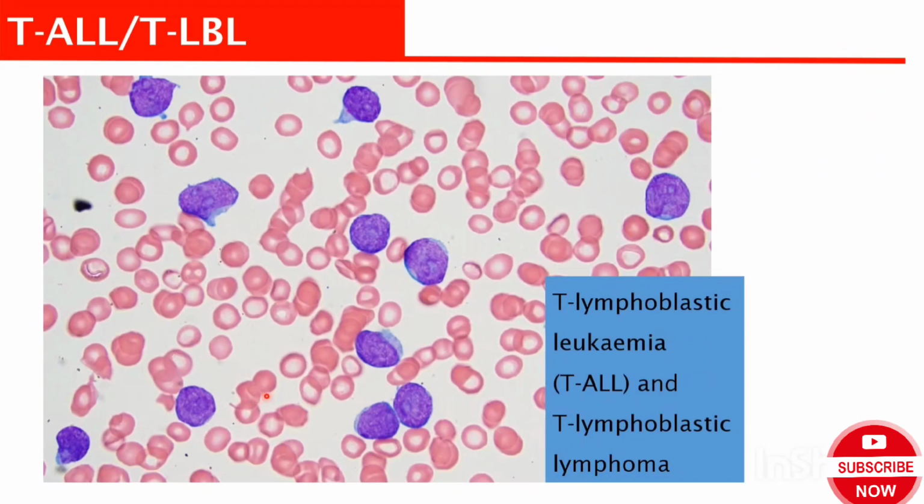These are blast cells, and because they are mostly blast cells, they are acute lymphoblastic leukemia. But because it is associated with the T cells, or maybe in a case of lymphoma, you can see this maybe in lymphoma or just in leukemia, as the case may be. So this is a typical example of acute lymphoblastic leukemia or acute lymphoblastic lymphoma.